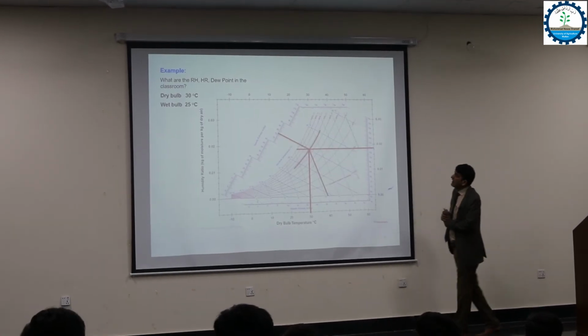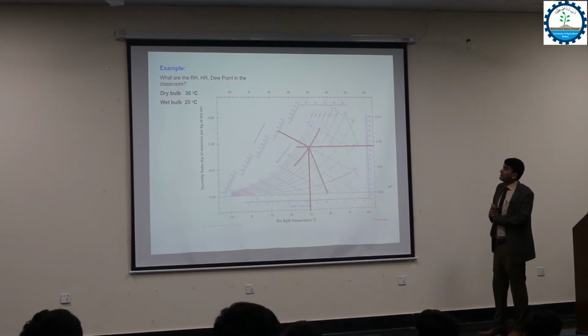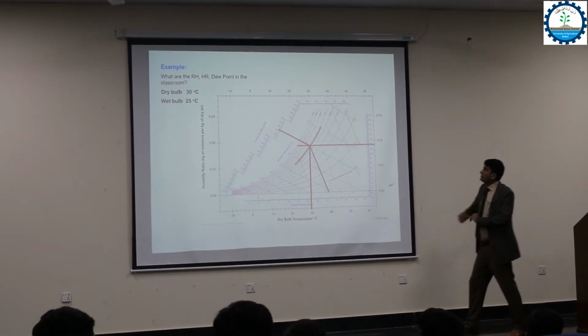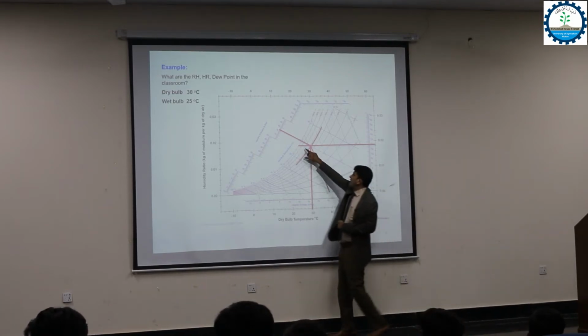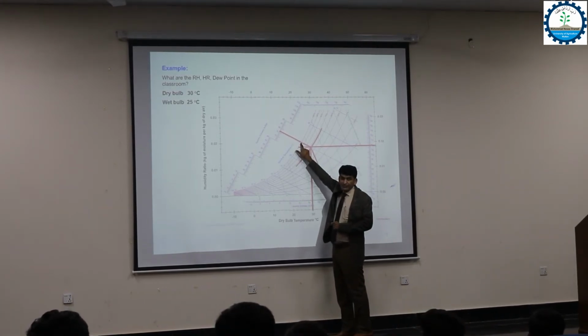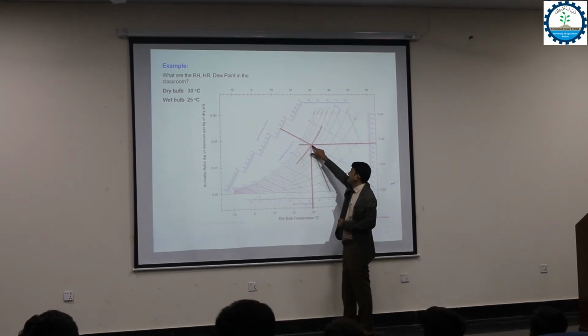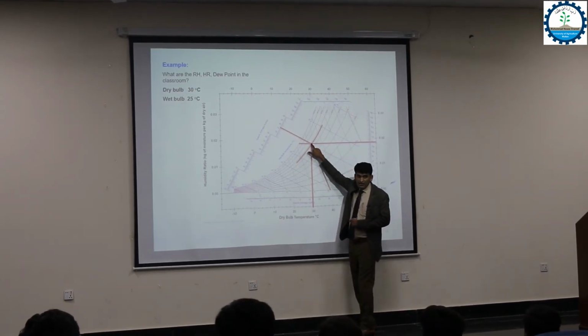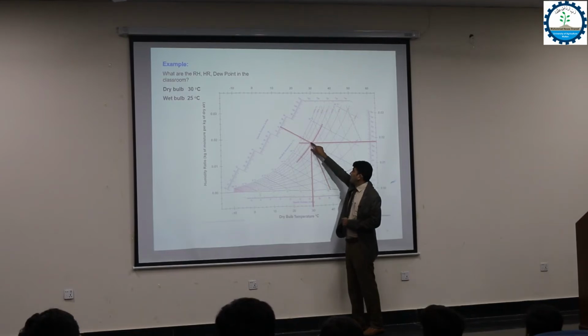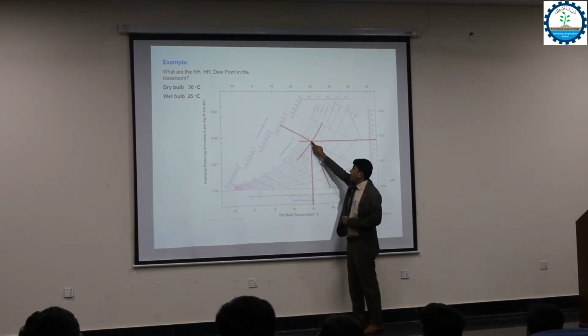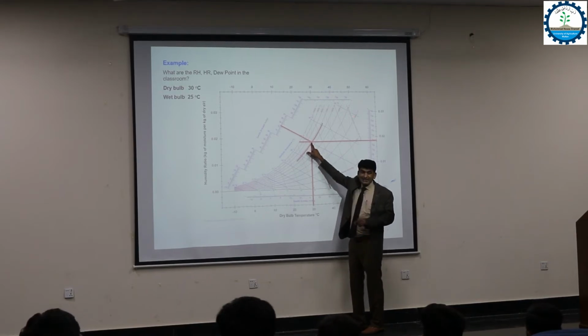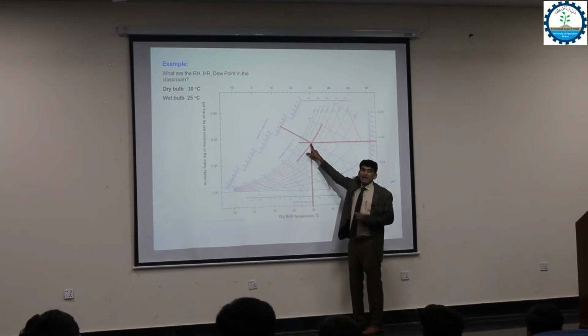Second is our wet bulb temperature is 25. So here is the 25 degrees Celsius wet bulb temperature. You have to follow this line diagonally, which will end here. Okay, so two lines, initially you draw one point, and from this point you can easily predict the other unknown parameters.